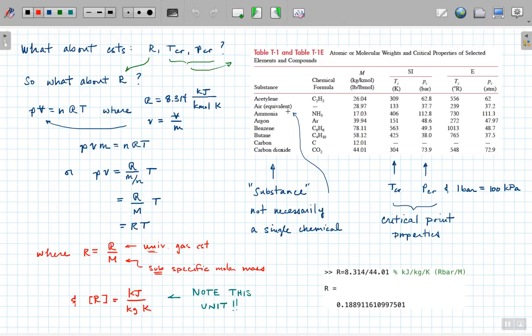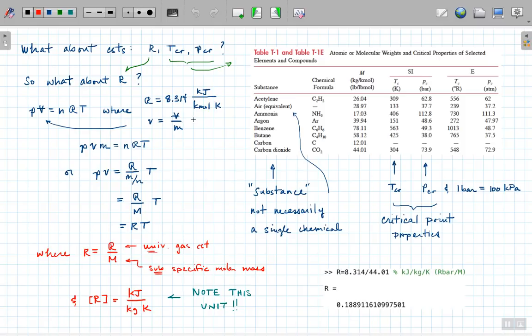To get R, which is the gas constant for each one of these substances, what we're interested in is basically taking the ideal gas constant, which is universal in terms of kilomoles, and rewriting it in terms of kilograms. And the way that we do that is ultimately we divide by the molar mass.